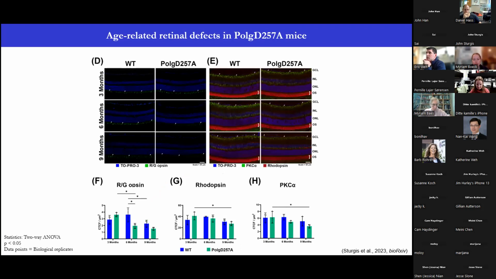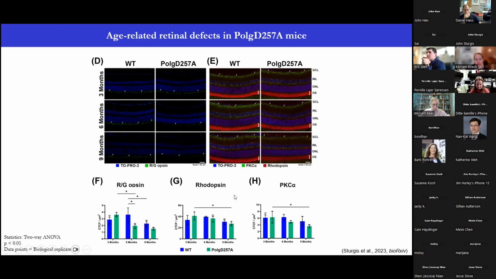Then to validate the ERG findings, just like we validated the OCT findings, we used IHC and probed for several well-established retinal cell markers. The first thing that we looked at was red-green opsin, which is a marker for cone photoreceptor outer segments. We saw a reduction in the RG opsin signal as early as 6 months of age. By 9 months of age, it looks like aging alone has reduced this enough in the wild type to make it catch up to the mutant mouse.